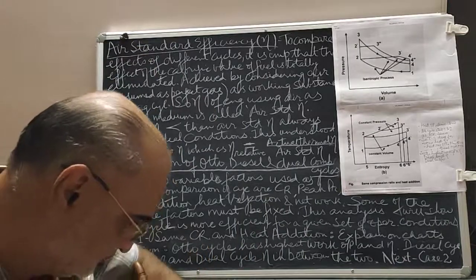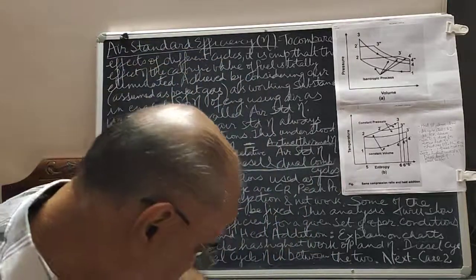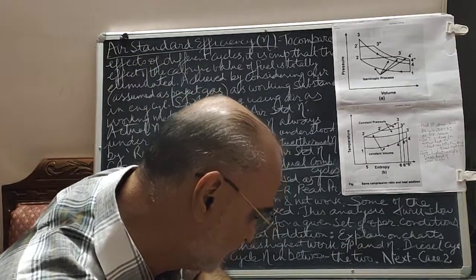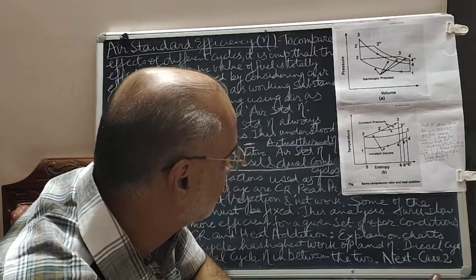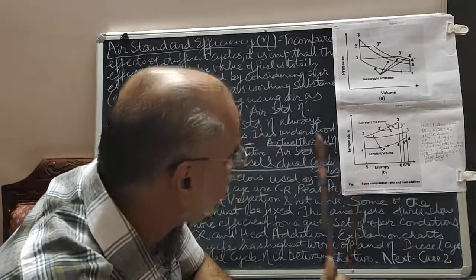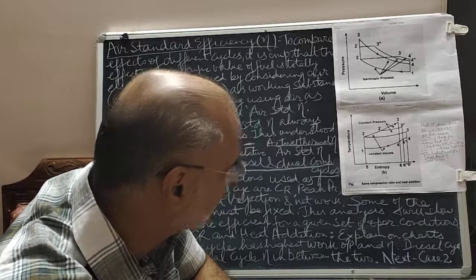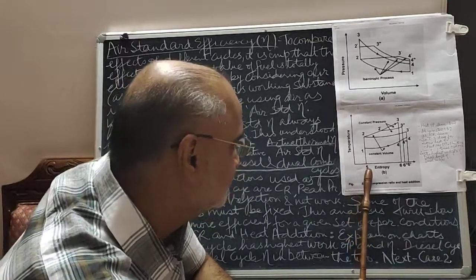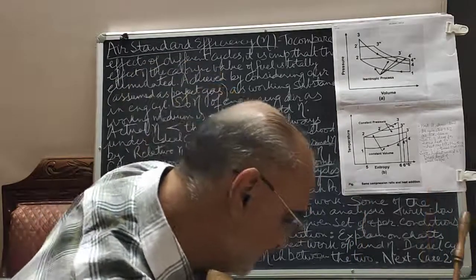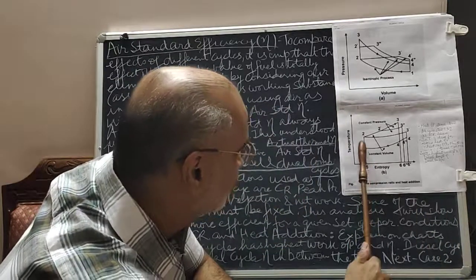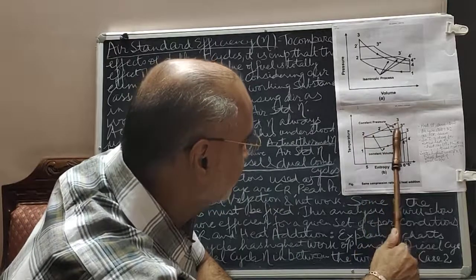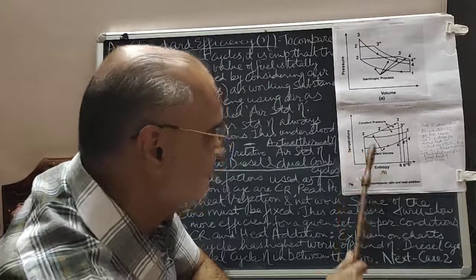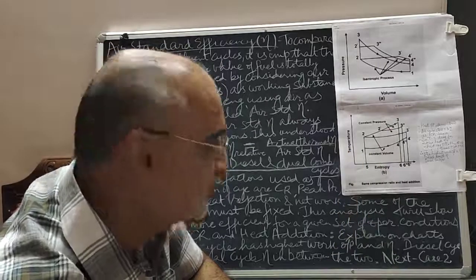Now, from the TS diagram, let us first examine the heat input. What is the heat input for all the three cycles? For the petrol Otto cycle, the heat input is 5, 2, 3, 6. On the temperature entropy diagram, the area inside the curve is the heat input.